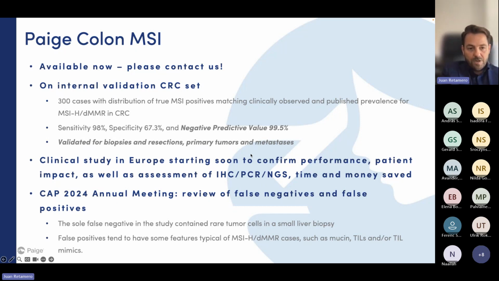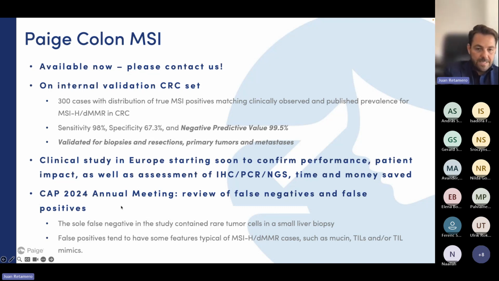At the moment, we are organizing clinical studies with some of our collaborators to confirm the performance, but also the impact of these tools throughout the diagnostic workflow. In other words, to assess the impact of these tools on downstream immunohistochemistry and molecular testing, including time and potential money saved.